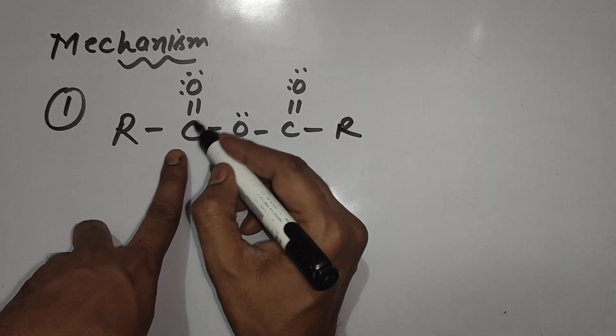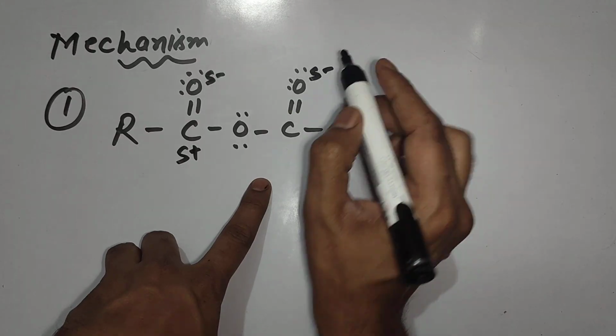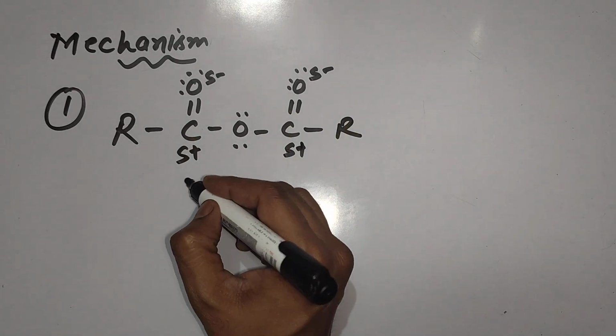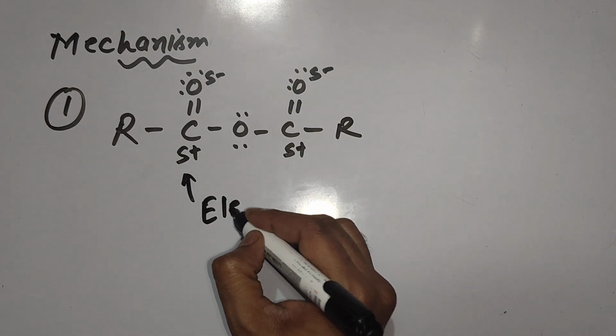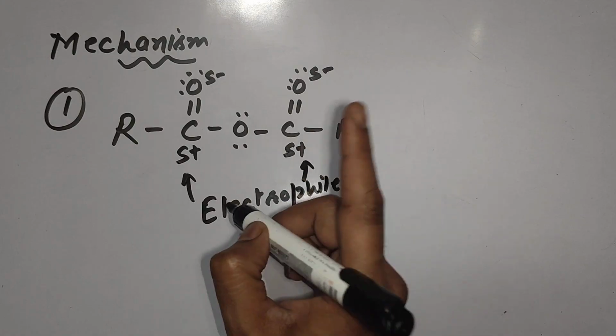Carbonyl groups are there in which the carbon is carrying partial positive charge, oxygens are carrying partial negative. Means these carbons are electrophiles. They can be attacked by electrons.